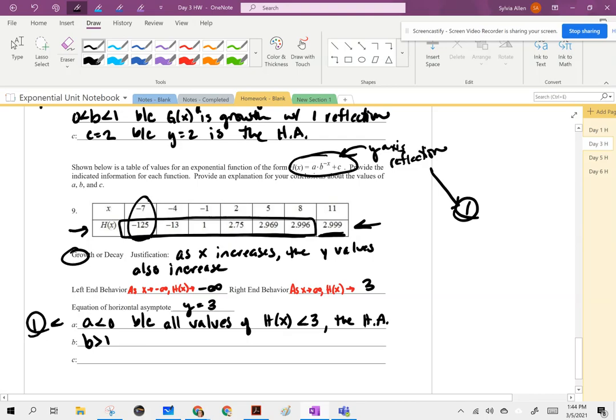It would indicate B is greater than 1. And that's because h of x is growth with 2 reflections. All right, C is equal to 3 because y equals 3 is the horizontal asymptote.